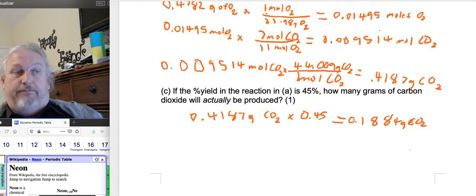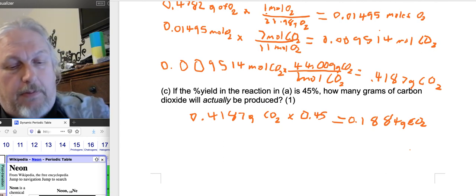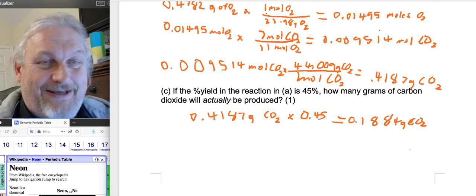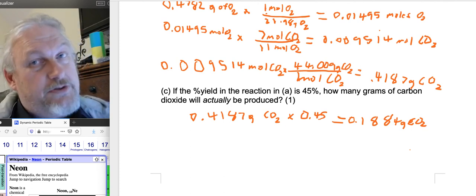After you do A and B, you should be able to get the number of grams from the percent once you know the actual yield. 45%, not a great yield. Some reactions, that's good. So anyway, we just worked problem 1 of worksheet 4D, and we'll be talking about this more this week.